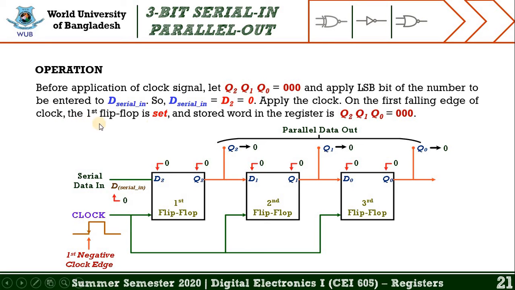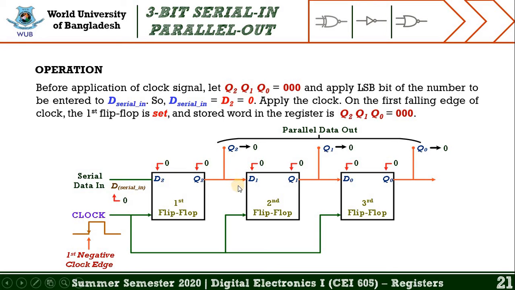In that case, the first flip-flop is in set condition and the stored word in the register, Q2, Q1, Q0, is equal to 0, 0, 0. If you look at the figure, you may find the value of D serial in is equal to 0. That's why the value of D2 is equal to 0 and the value of Q2 is equal to 0.